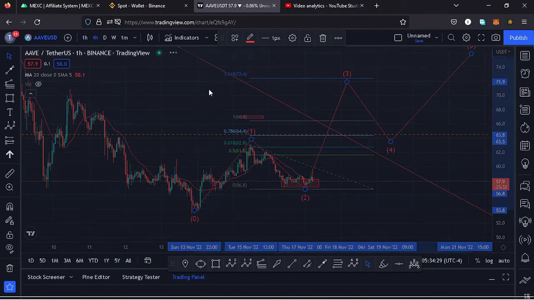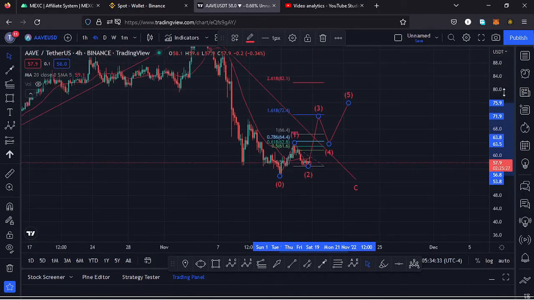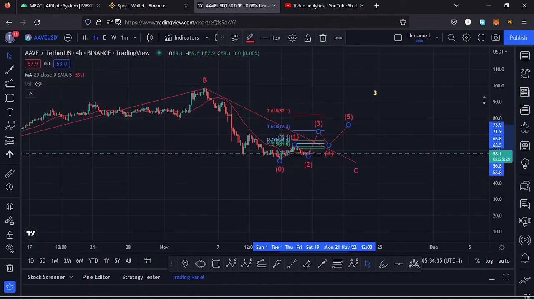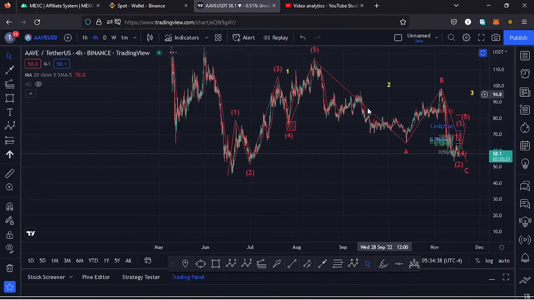And getting back to the 4-hour chart so that we can also sketch out a minimum target area to the upper side in the formation of that higher Elliott wave count 3 over here.